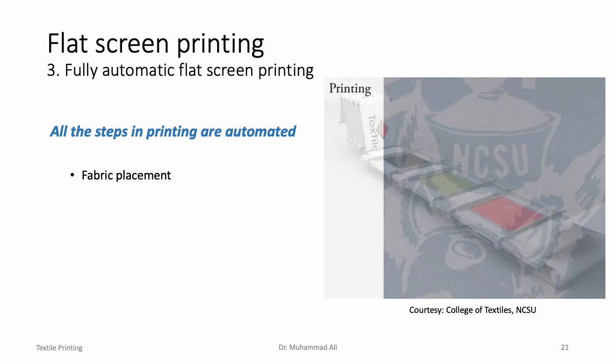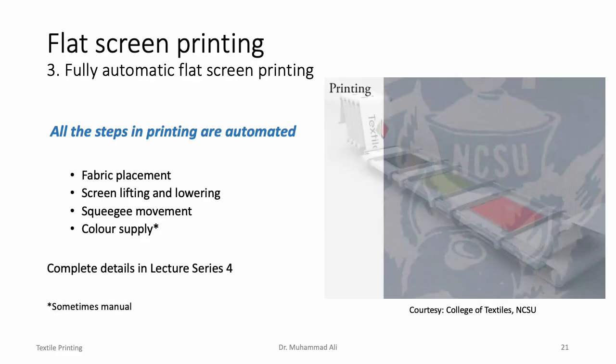A recap of the steps, starting from fabric placement, and then screen lifting and lowering, the movement of the squeegee, the color supply system, all these steps are automated. And then we have a detailed lecture on flat screen printing, which will be series 4 of the lectures. As far as the color supply system is concerned, you can see I've marked an asterisk over it. Sometimes, even in fully automated flat screen printing machines, the color supply system could be manual.